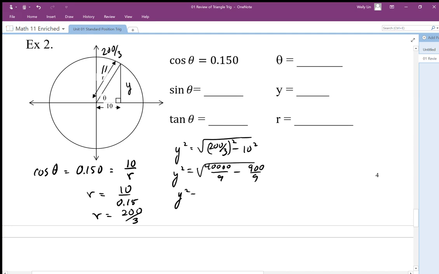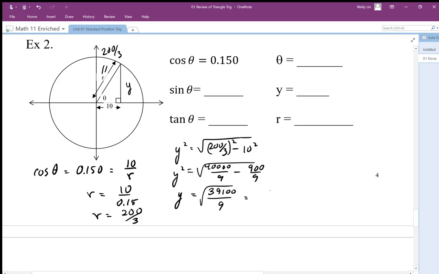So y squared is equal to 33,100 over 9, and we'll square root both sides of that to get that expression.